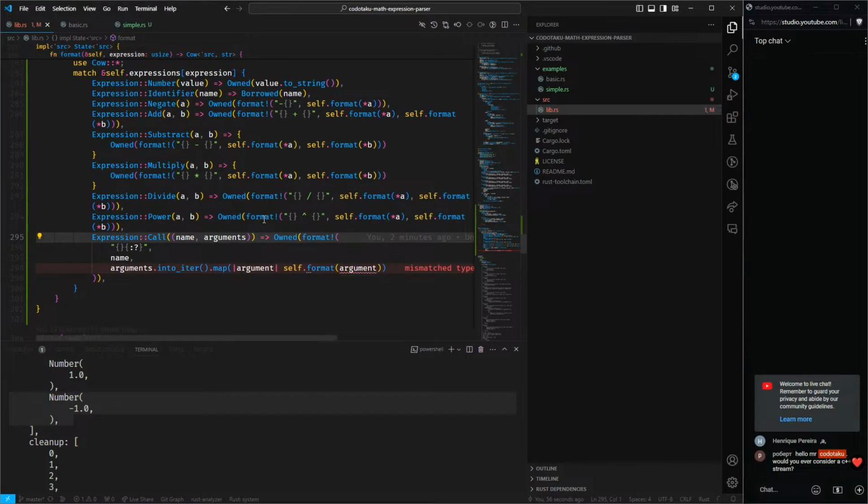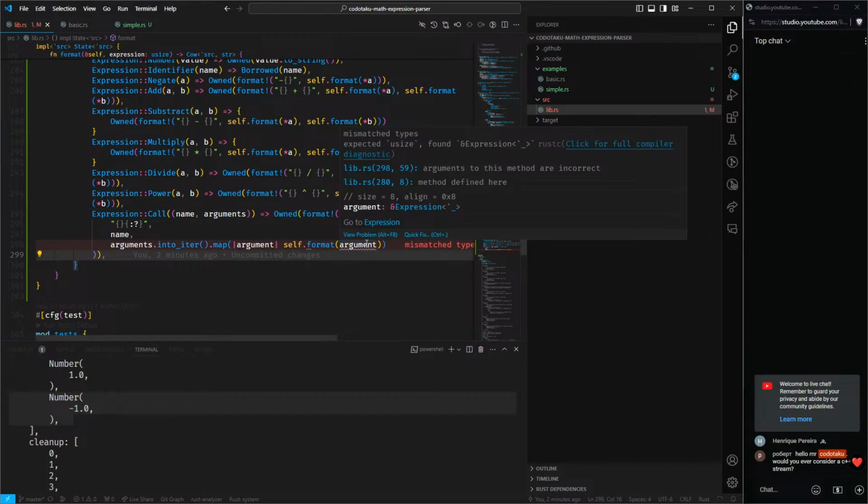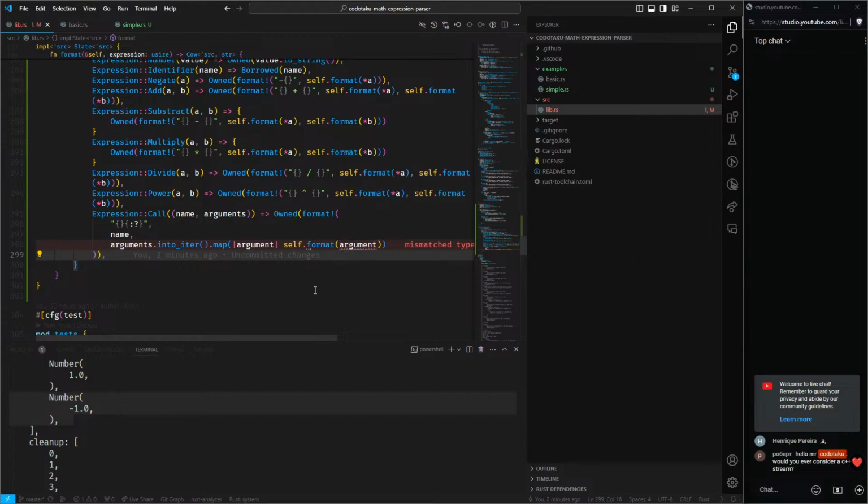Yeah, I would have figured that out, right? Anyways, how the heck are we getting an expression here? Oh, I see. Gotcha. Okay, gotcha. So Vectors actually have expressions instead of, interesting. Well, that's gonna be fun.